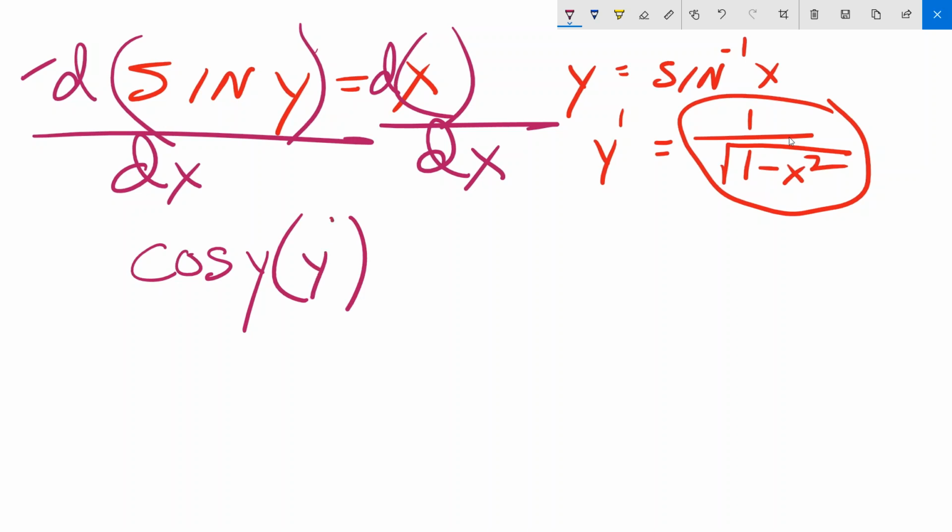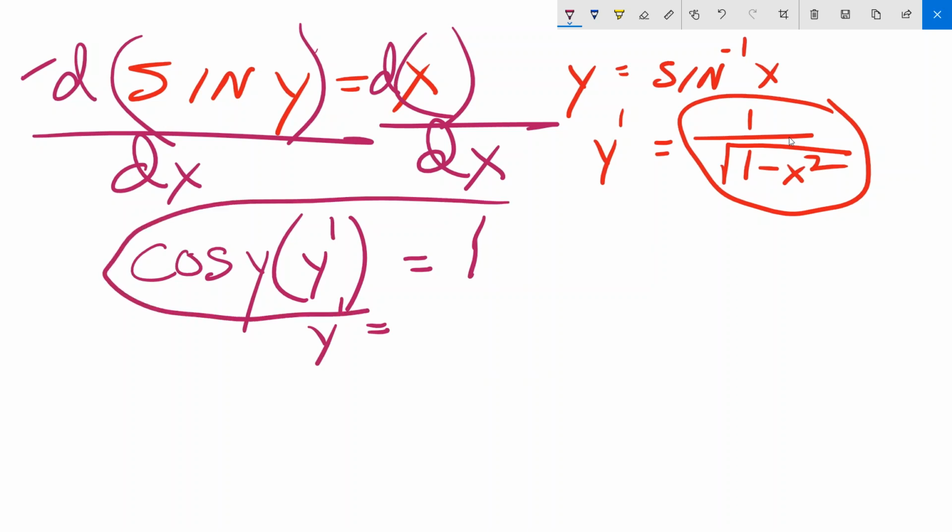What's the derivative of the right side? That's just one. Right? So what's y prime equal to? Solve that. Y prime is equal to 1 over the cosine of y. Correct.